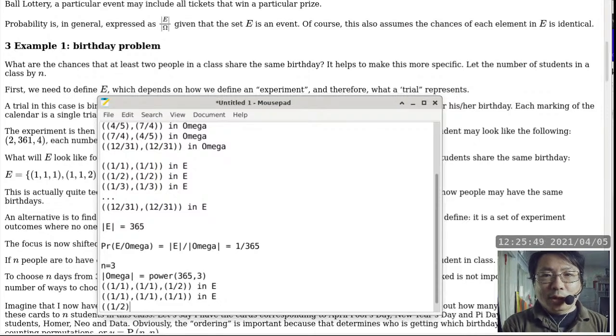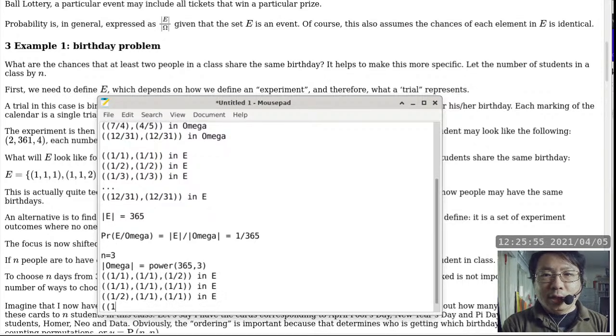Because we can have 1 2 1, 2 1 1. This is also in E, and then we have 1 1 2 and so on in E. These are all examples of elements in E, and we are only looking at a very small, tiny portion of E at this point.